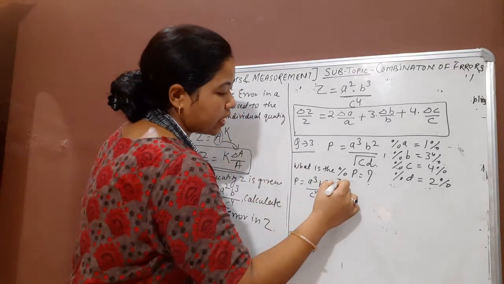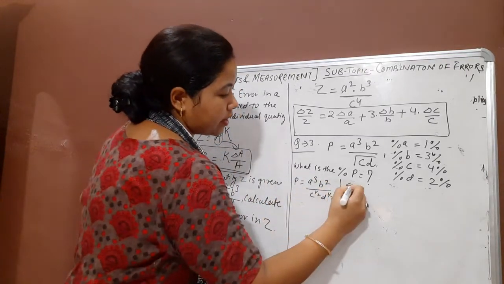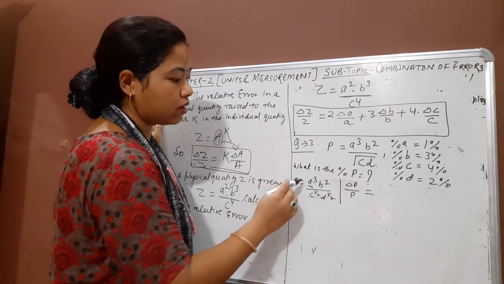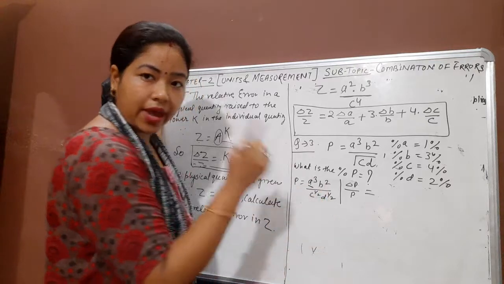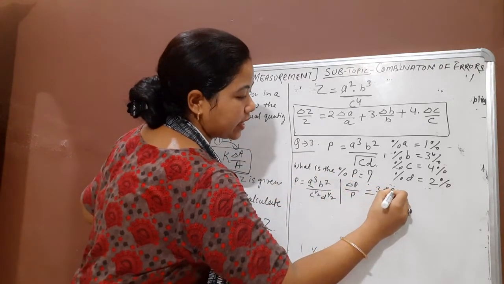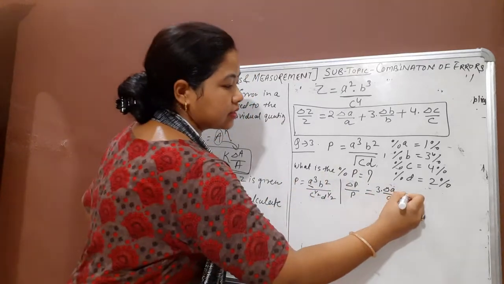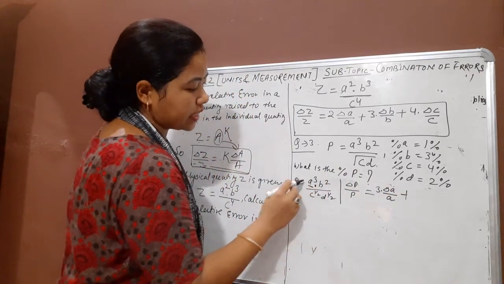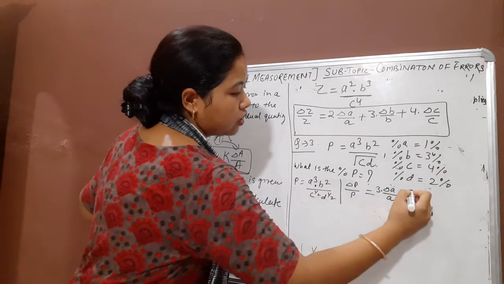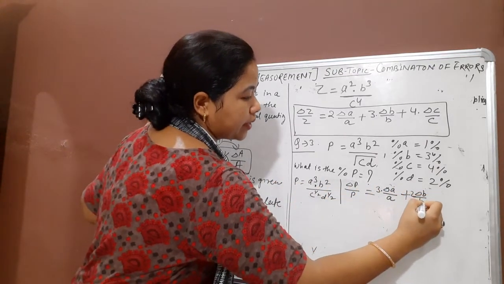Now we can write the relative error in p as follows. For the first term a cube, we apply the power rule, so 3 is multiplied: 3 delta a upon a. Plus, there is a product sign between a and b, which converts into a plus, so 2 delta b upon b.